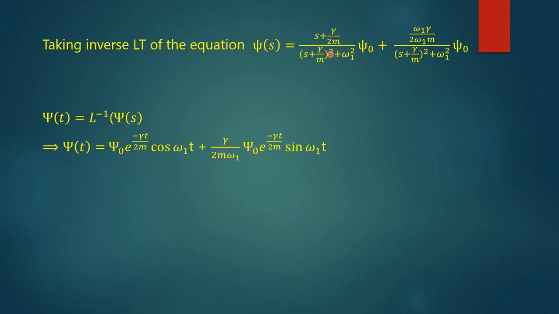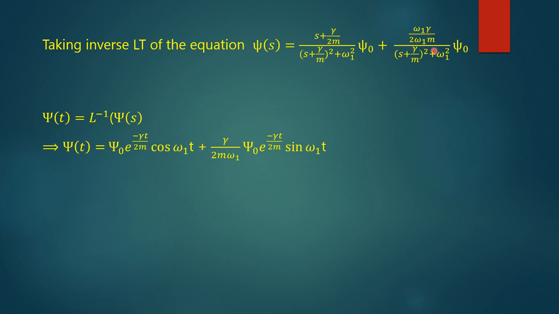We know from the inverse Laplace transform that this is equal to e to the power minus gamma t by 2m into cos omega 1 t, plus the Laplace inverse transform of this.